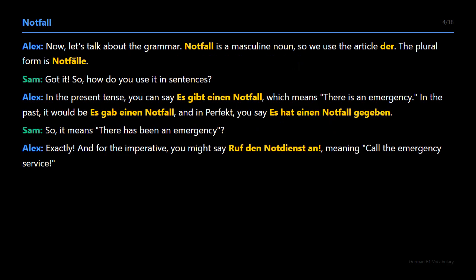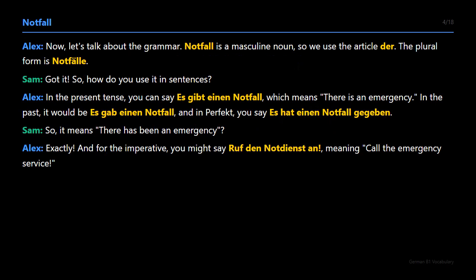So, it means there has been an emergency. Exactly. And for the imperative, you might say Ruf den Notdienst an, meaning call the emergency service.